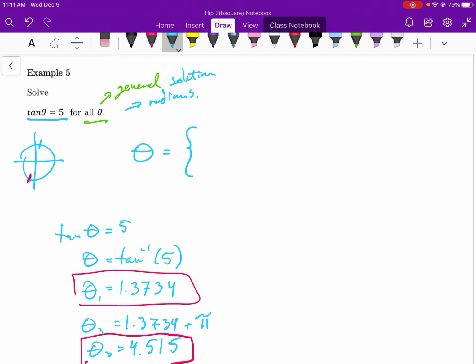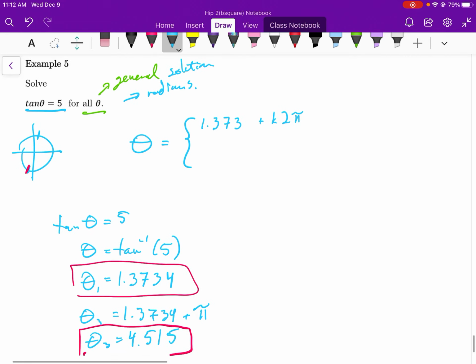So I'm going to talk about the blue solution, which is my quadrant 1. The location of my solution is 1.373. And then how long will it take for me to get to that solution again? Well, every multiple of 2 pi gets me there.